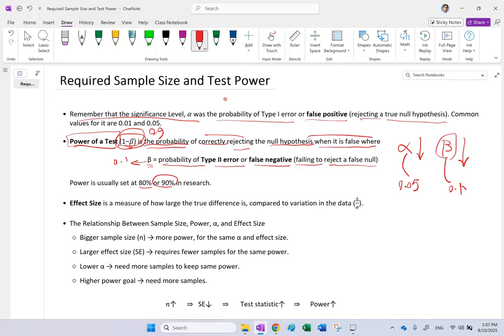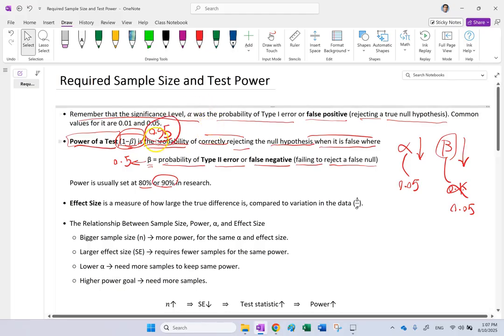Now, if 10% is too much, you can make beta 5% as well, and then your power of the test is going to be 95%. So your test has a 95% chance, or power, of rejecting something that is false. If you came up with something false, 95% of the time you are not going to accept it. That is how powerful your test is.